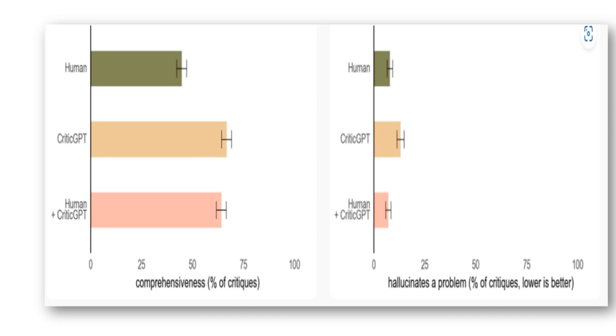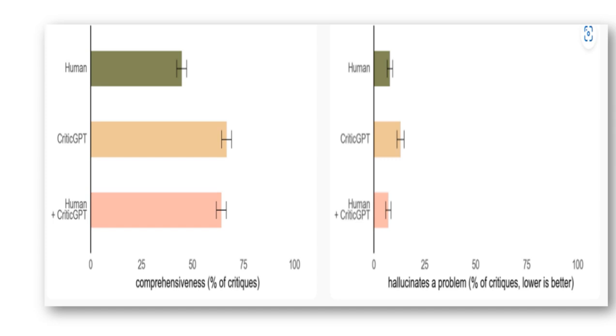In our experiments, a second random trainer preferred critiques from the human plus CriticGPT team over those from an unassisted person more than 60% of the time. CriticGPT was also trained with RLHF similarly to ChatGPT, but unlike ChatGPT, it saw a large number of inputs that contain mistakes, which it then had to critique.